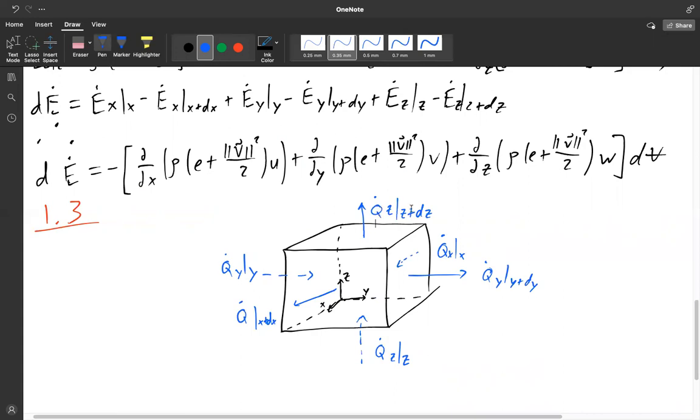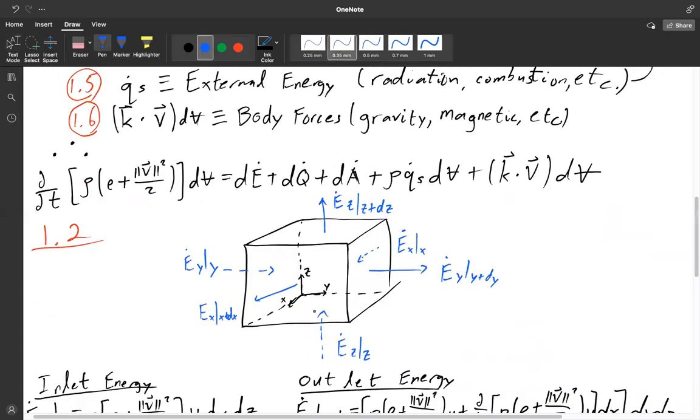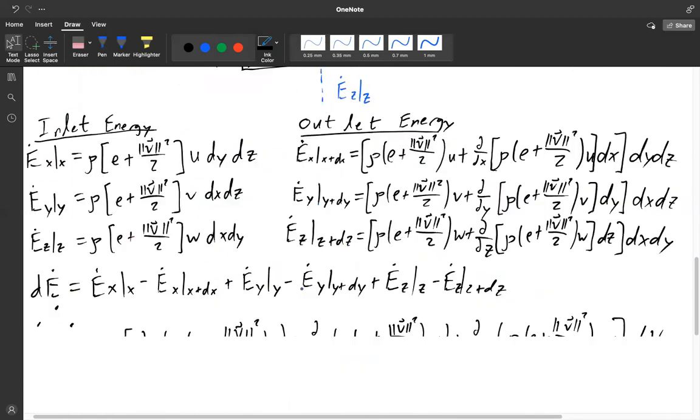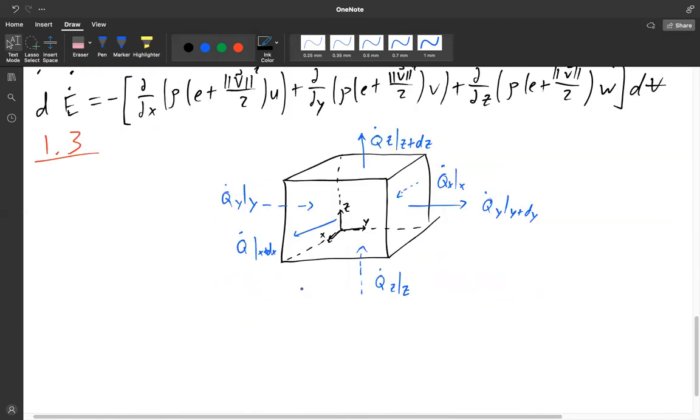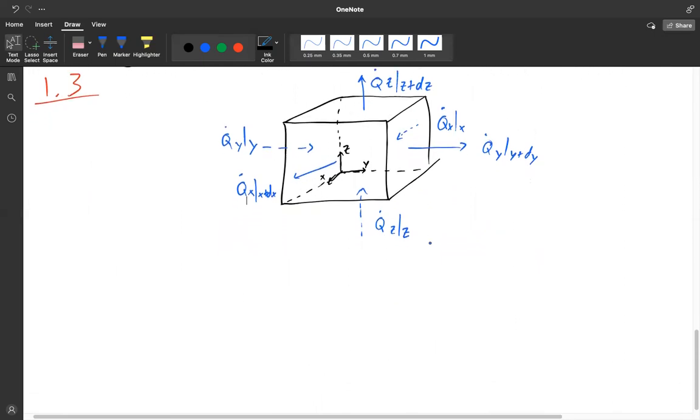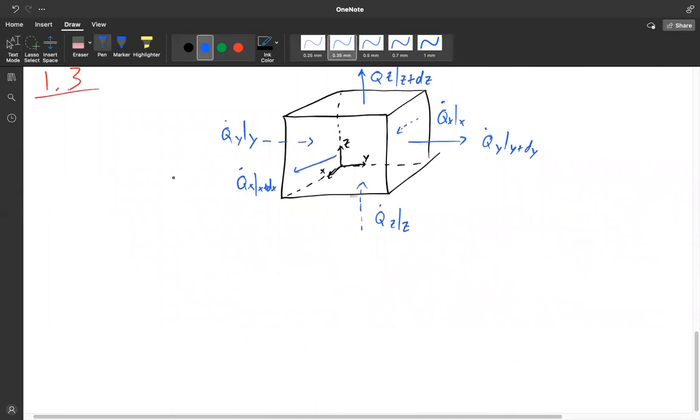And I just noticed that there's not a dot above the E here. Good to catch that. Perfect. So we have our heat transfer through the control volume, and we can repeat the same process.